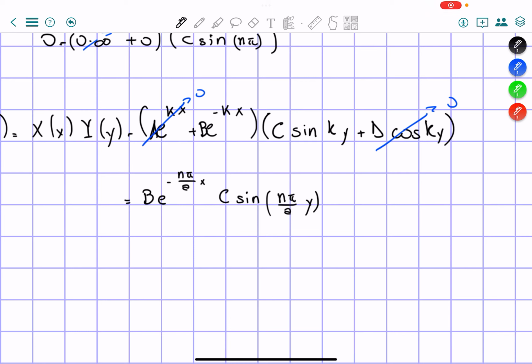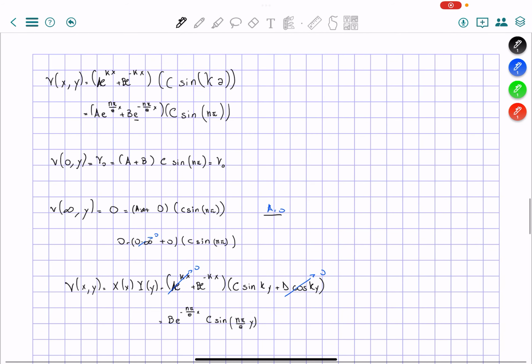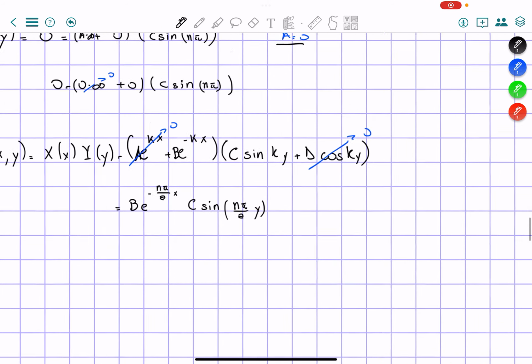Now it's a little different from the problem that we have in the book, because as we found before, b is equal to 1, and we will have to find c.